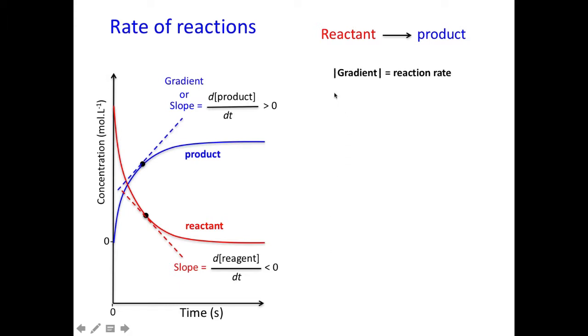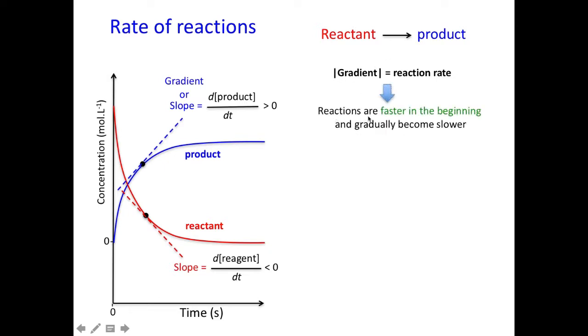So the modulus of this gradient can be defined as the reaction rate. In this case, we have a negative quantity. In this case, we have a positive quantity. But reaction rates are always positive. That's why we use the modulus of this quantity.